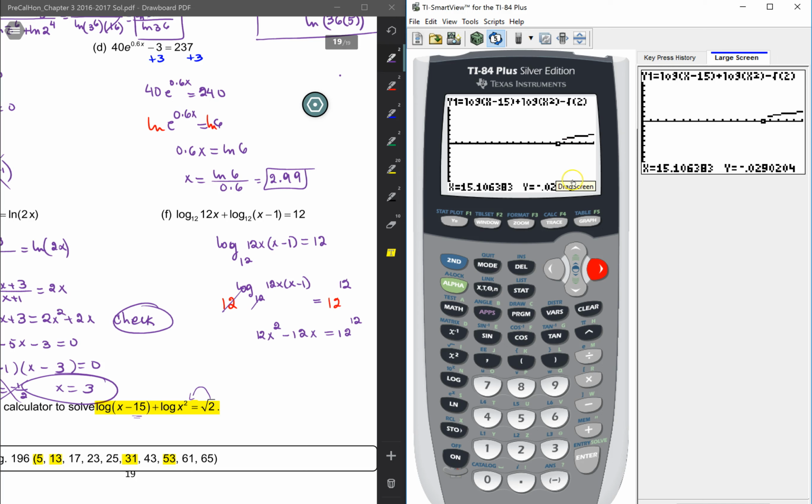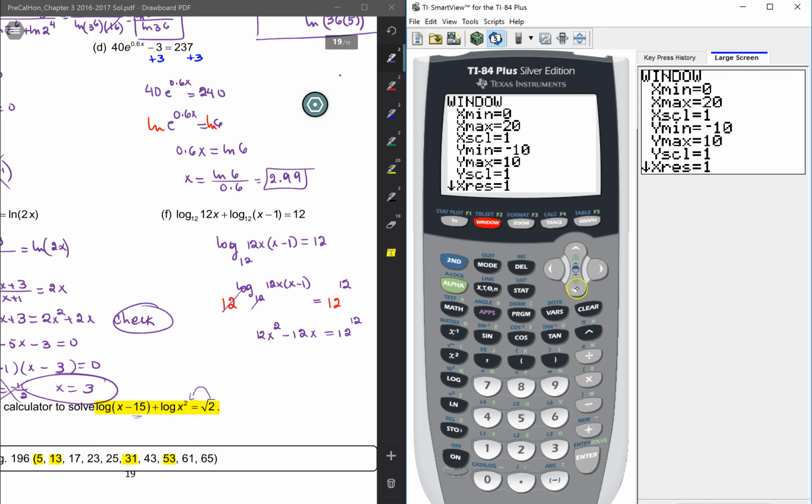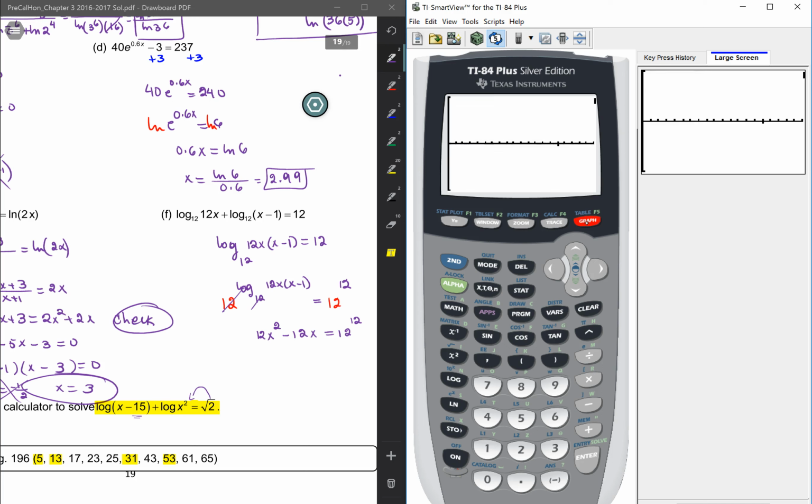Everything up here and everything down here is just being wasted. So why don't I go back to my window and modify it a little bit more. Let's go from negative 1 to 1. Really, all I care about is that little strip where y equals 0. So this should be good enough. Can you see how it dips down below a little bit? That's good enough for me.